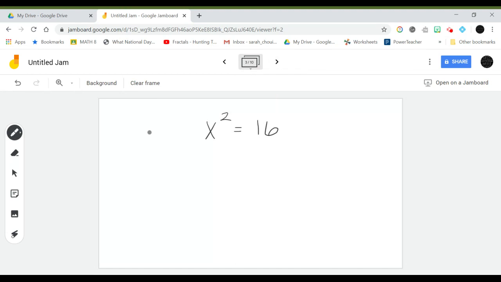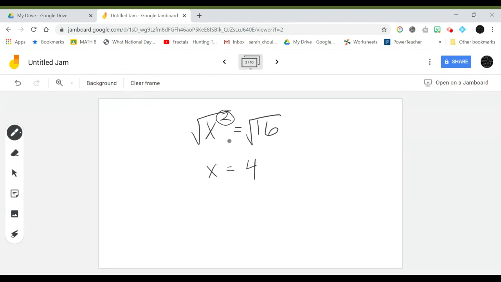So when I have something like x squared, to get rid of this squared, the opposite of squaring is taking the square root. So the square root of x squared, those cancel out, leaving you with just x. And our answer is the square root of 16 is 4. But I technically have two answers.